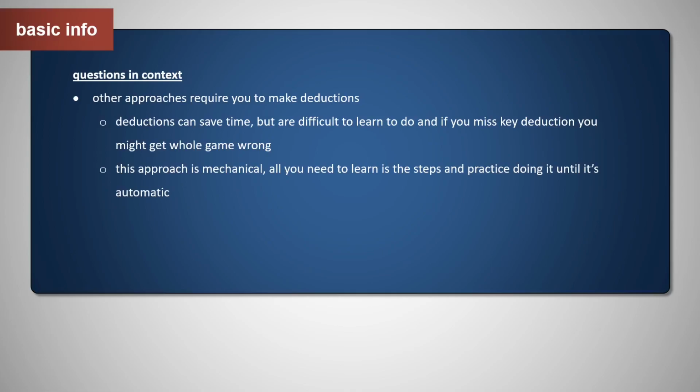So unlike the deductions, you don't have to worry about relying on something that requires maybe intuition or talent. It's just a mechanical step-by-step process. So there's no deductions. Now, the different question types will implement the method in slightly different ways. That's what we're going to cover in the videos. But fundamentally, it's a mechanical plug and chug approach, like I mentioned in the previous slide.